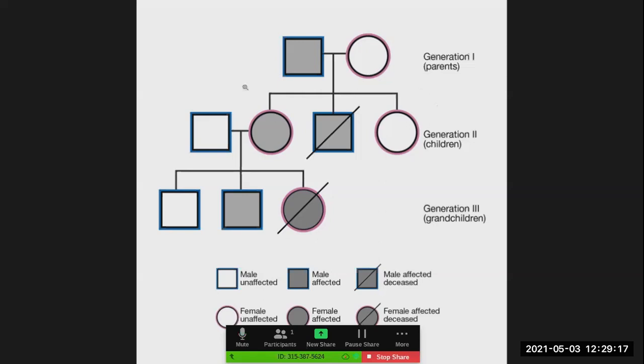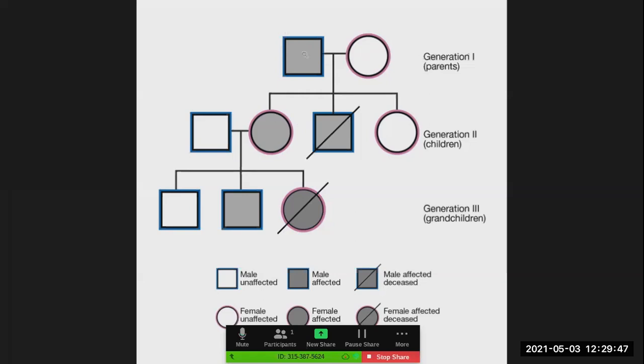And there are three levels: first level, second level, and third level. First level is the generation of parents, this is generation one. This is generation two, or this is for children, and generation three, which is for grandchildren. And you can use this information to determine, for example, if you know the genotype of the grandchild, you might be able to determine the genotype or the phenotype of the parents.